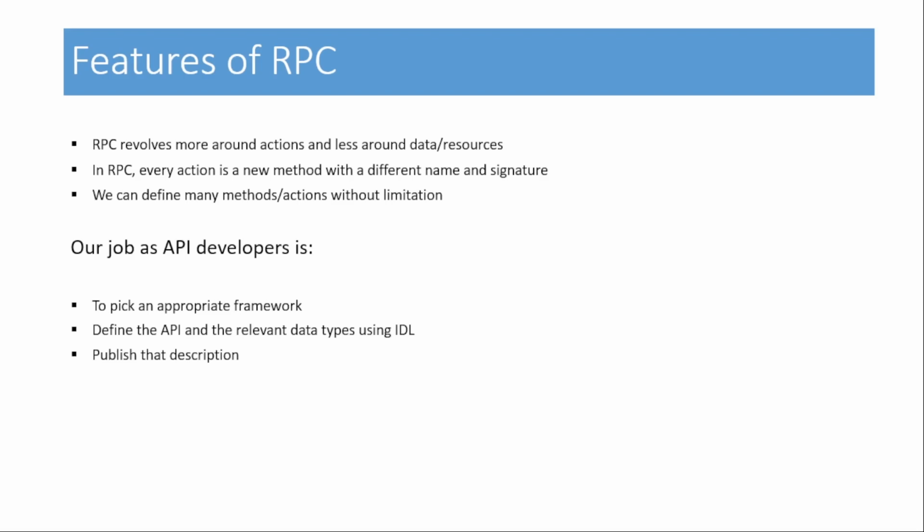It's an action-oriented architecture, with flexibility in defining methods, and abstraction of network communication, making it a powerful tool for developers. Additionally, features like language independence, error handling, and security further enhance its utility and applicability in diverse scenarios.